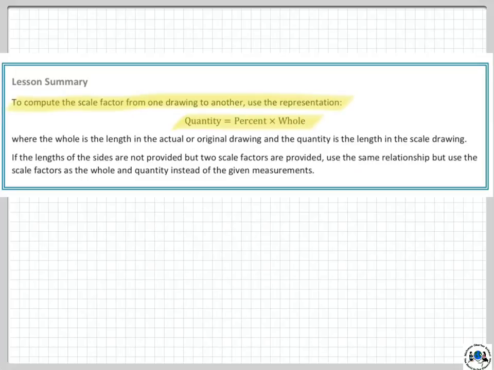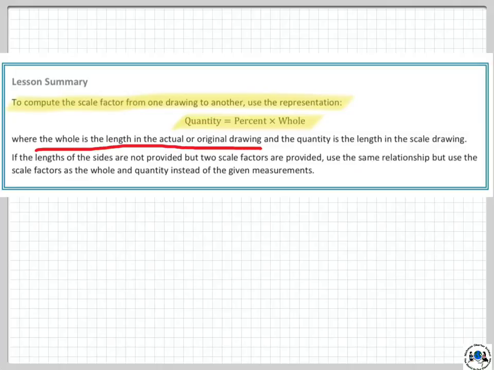To compute the scale factor from one drawing to another, use the representation quantity equals percent times whole. They continually come back to that, which makes sense, and that's exactly what we were doing when we were creating these equations in this lesson past. It might not have been that blatantly obvious, but it is indeed what we were using.